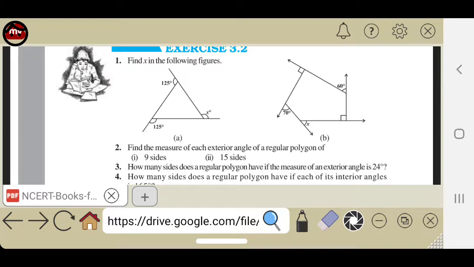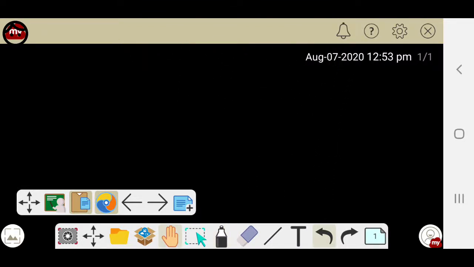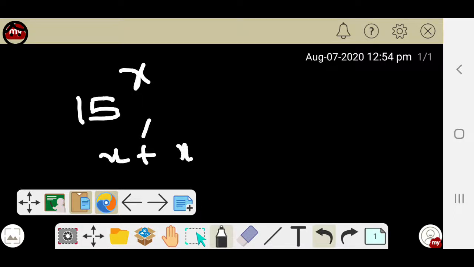15 sides. Same way, if the measure of one angle is x, if there are 15 sides, there will be 15 angles. So the total sum of the angles means x plus x and so on, 15 times.